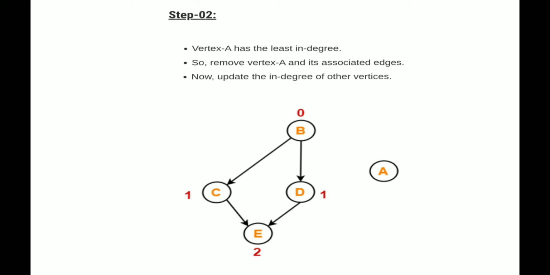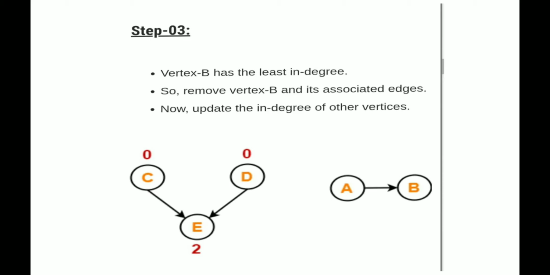So next step, we remove vertex B from the graph. Once we remove vertex B, we have to remove the associated edges also. So we have to remove the edge from B to C and the edge from B to D. Next, see the updated graph.